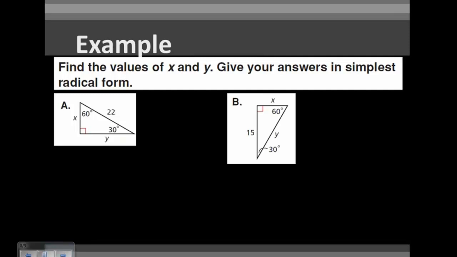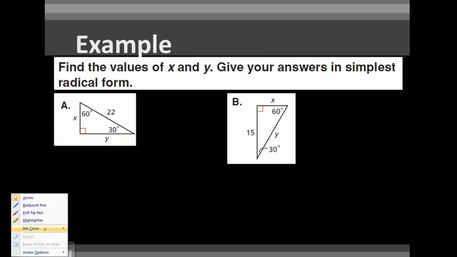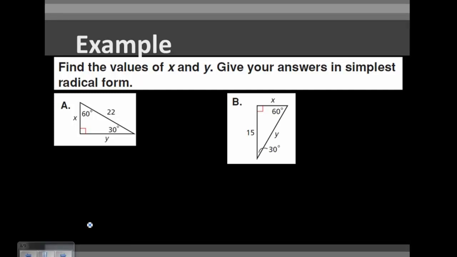So let's try a couple problems now utilizing what we just learned about 30, 60, 90 triangles. So here's a 30, 60, 90 triangle. Across from the 30 is the x, across from the 60 is y, and across from the 90 degree, the hypotenuse is 22.